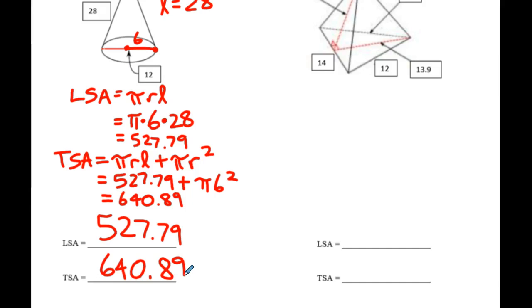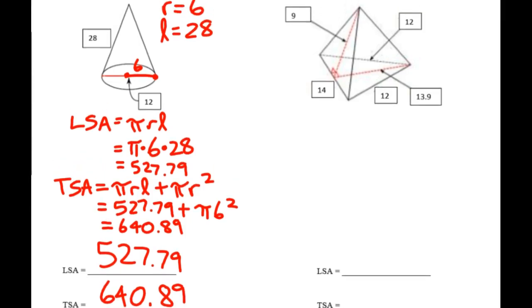All right, last one over here. We got a pyramid. To do the pyramid, I first need to know P, the perimeter of the base. The three sides I have are 14 plus 12 plus 12, which equals 38.